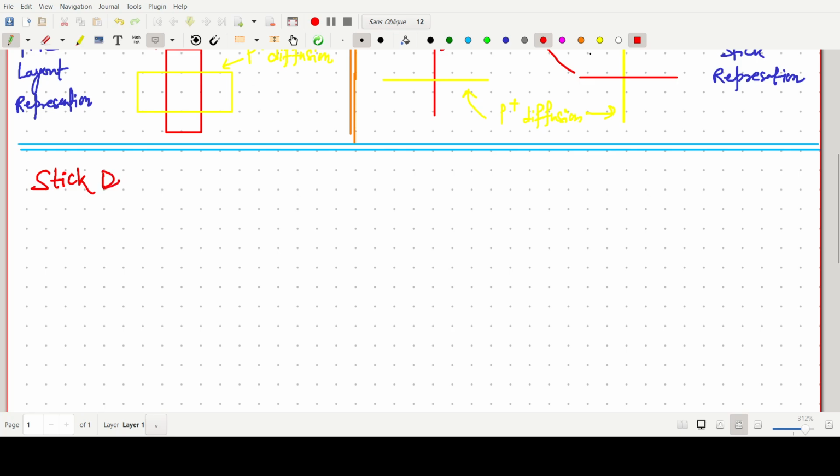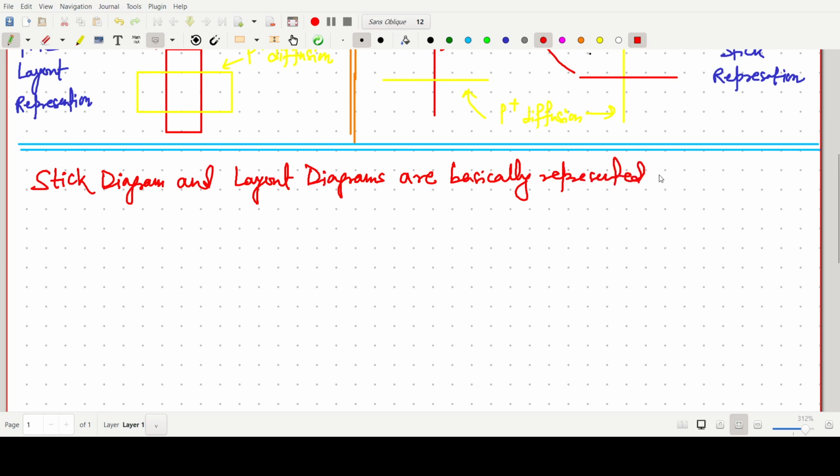Stick diagrams and layout diagrams are basically represented with colors, different colors.